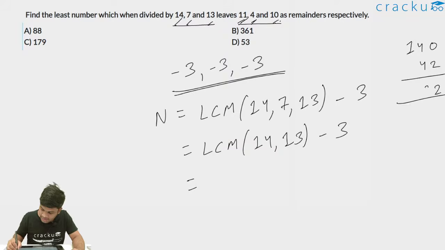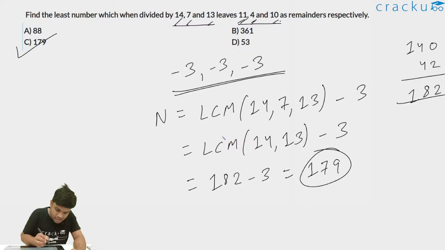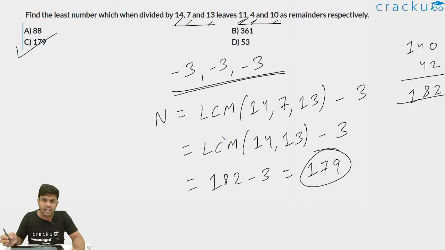So here you will get 182. So 182 minus 3, you will get 179. So 179 is the number which, when divided by 14, 7 and 13, gives us a remainder of 11, 4 and 10. So the answer is option number C, which is 179.